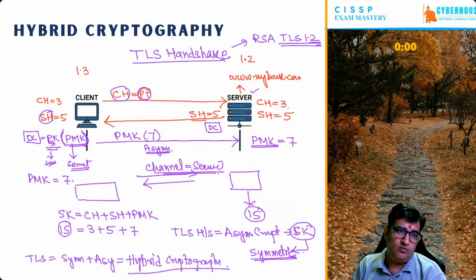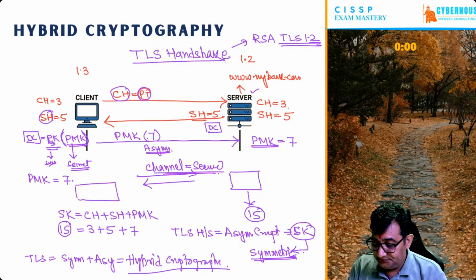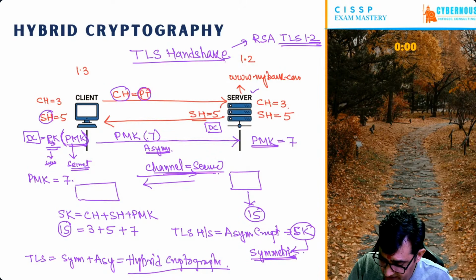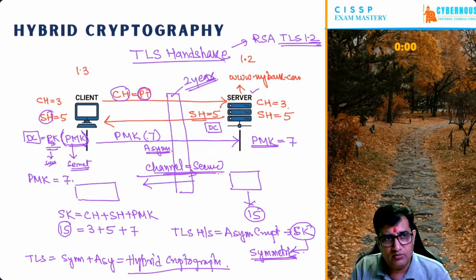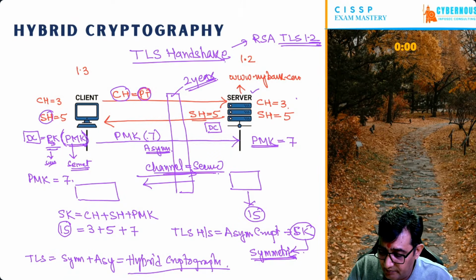But now there is a challenge. Can you guys think of a challenge in this particular case? The challenge is, let's say a particular hacker is actually monitoring all your communications, let's say for the last 2 years, and somehow at some point in time, because of some insider threat, the attacker is able to get the private key, right?